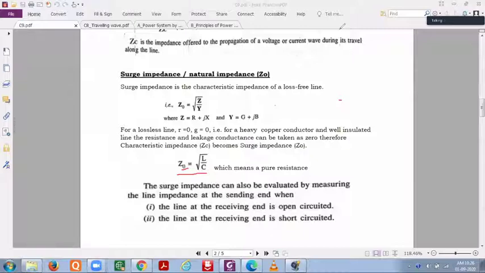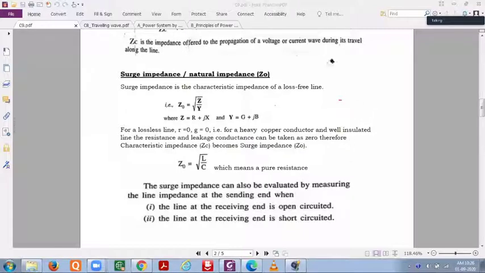So that is your surge impedance. Just to define it, surge impedance is the characteristic impedance of a lossless line. That is the definition if anyone asks. And denote it with Z0.